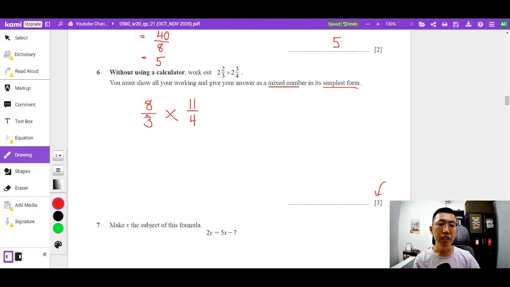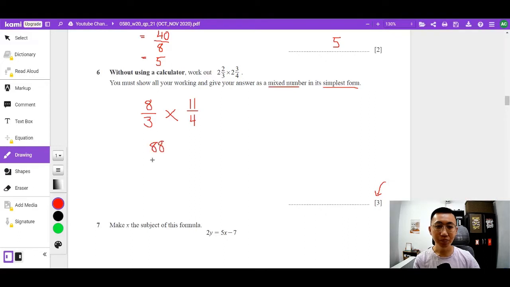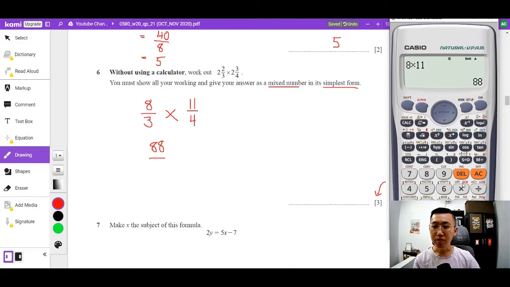Second mark will be multiply, so top times top. Okay, just use calculator, right? Don't be shy. Even though they say don't, you just use. Okay, so 8 times 11, 88. Followed by bottom times bottom, so 3 times 4, that will be 12, right?